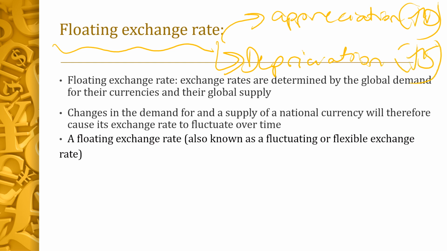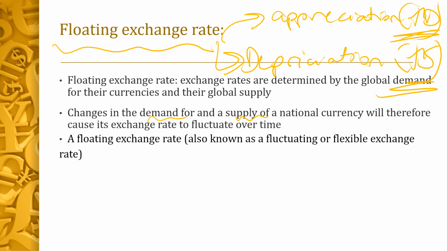What do we mean by floating exchange rate? Exchange rates are determined by the global demand for their currencies and their global supply. Changes in the demand for and supply of a national currency will therefore cause its exchange rate to fluctuate over time.